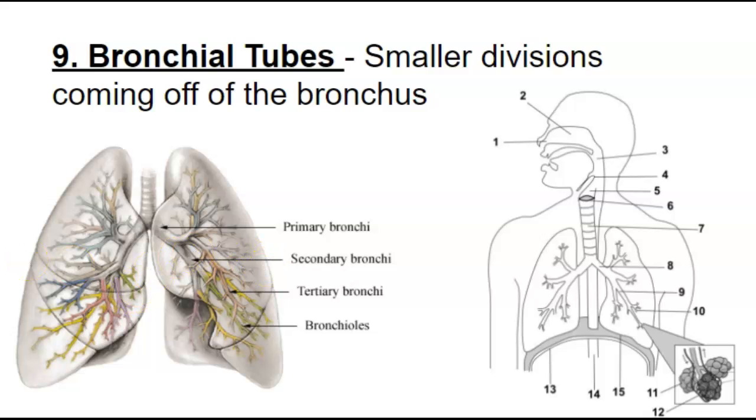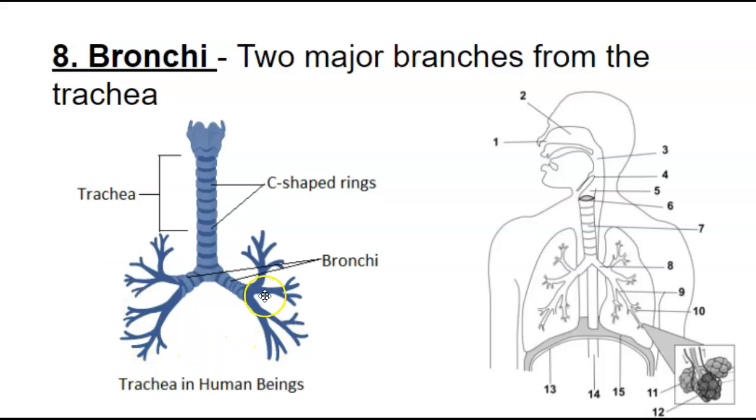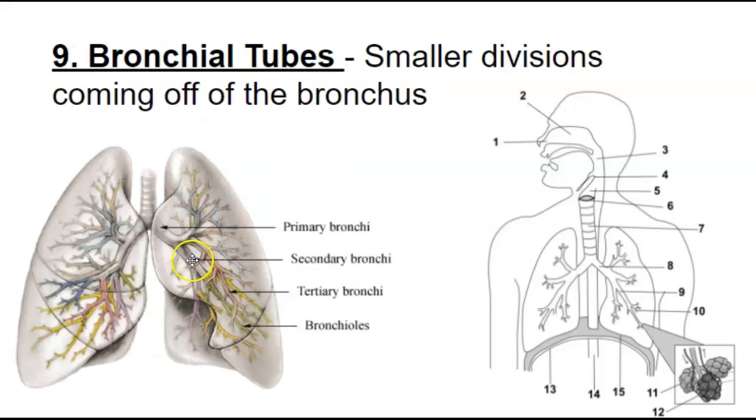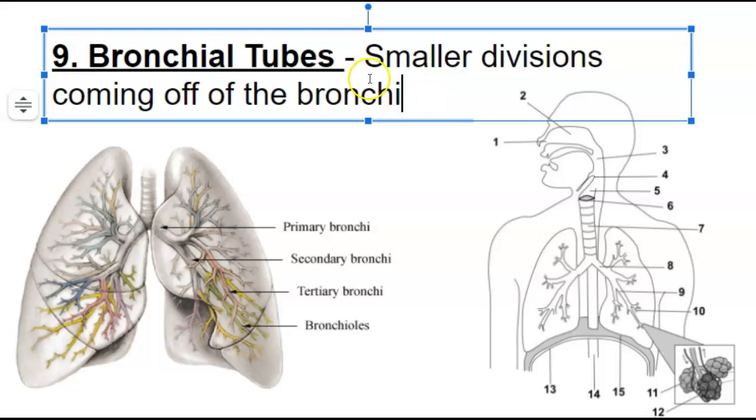So below that, we have the bronchial tubes. And let me go back to this picture really quickly. But you can see, right, we have these smaller branches now. So these are the bronchial tubes. So we can see bronchi. The bronchial tubes are just the smaller divisions off of there. And so number 9 here is just bronchial tubes. Smaller divisions coming off of the, and I'm going to change this to bronchi.